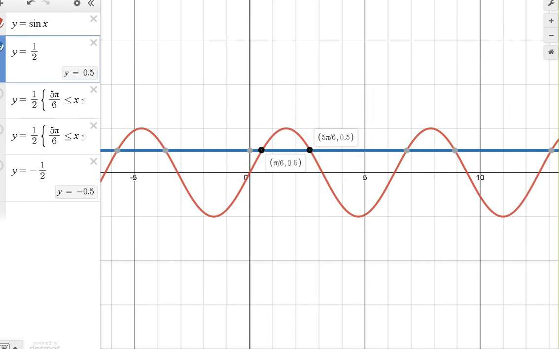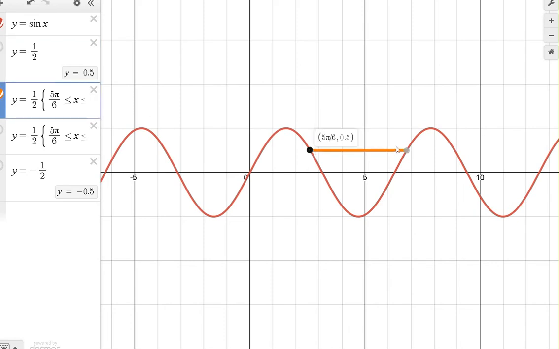So let me chop this off for a second and let's look at just a couple solutions. Here and here, these don't feel like they're the same part of the sine wave, right? One of them's on the downside, one of them's on the upside. What I'd like to do is start out with one solution and then characterize the next solution and the next one after that.